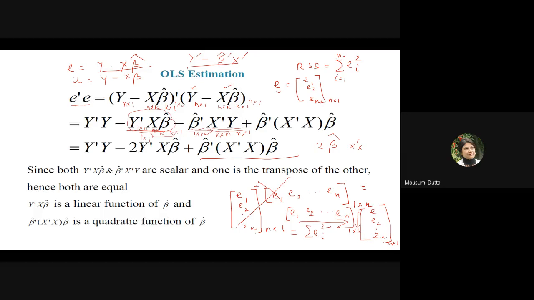Anything is possible. No problem. Okay, so we are getting this. What is the order of x prime x beta hat or beta hat into x prime x?